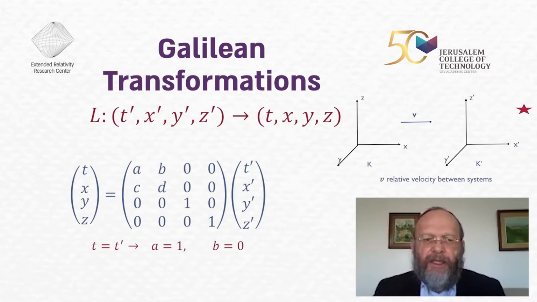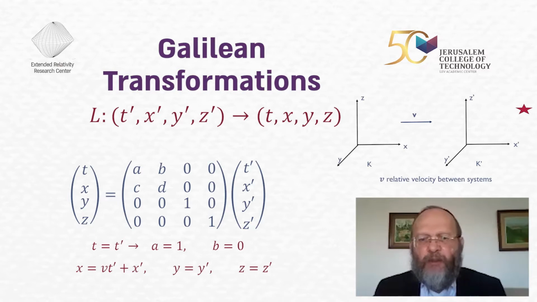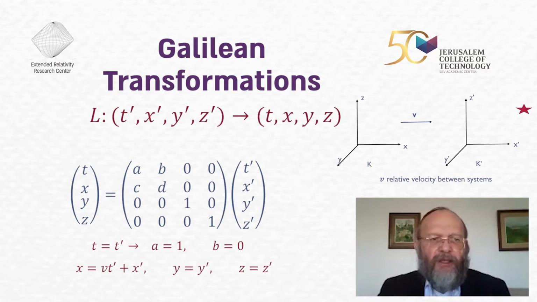Now, the next thing we will get is the following. If you look at what happens with the origin of system K prime, we have to put x prime equals 0, and y prime, z prime equal to 0. So you'll get x becomes c t prime. This tells you that this origin moves with a constant velocity, with velocity c.